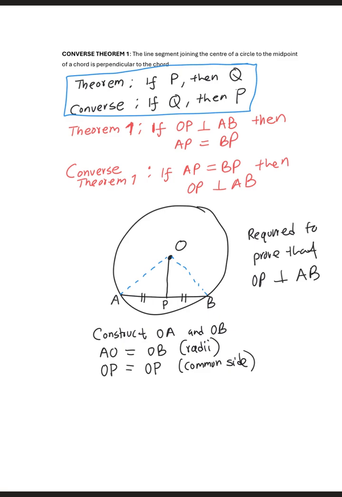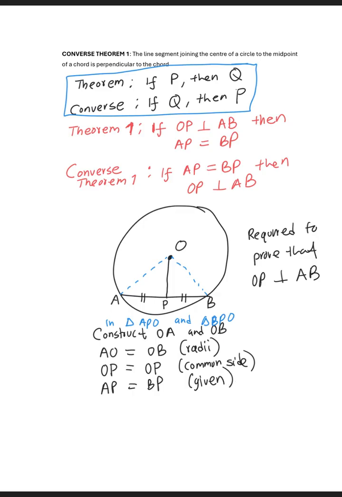We also have to state that we are dealing with triangle APO and triangle BPO. We have to specify. And then AP is equal to BP. This one is given.